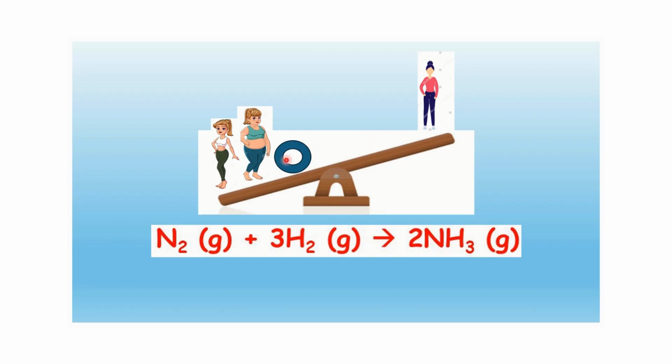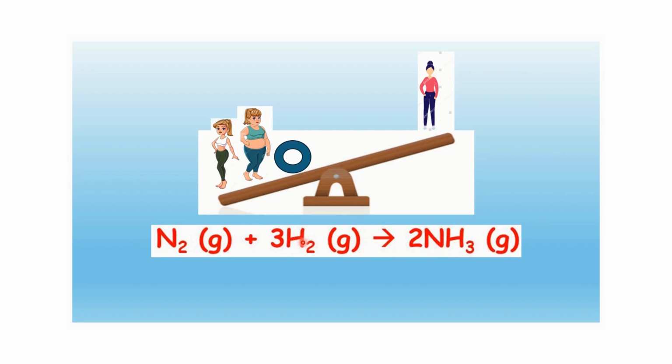Whatever is on the right-hand side must increase, meaning that the products must increase, or more products will be formed. The reactants must decrease. In this equation, if we add more N2, the system will tilt like this, meaning that we will favor the forward reaction, and NH3 will increase.